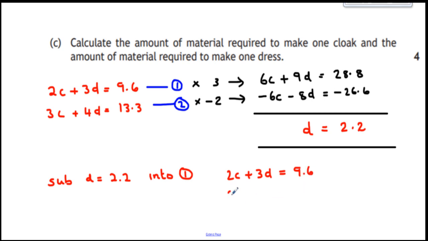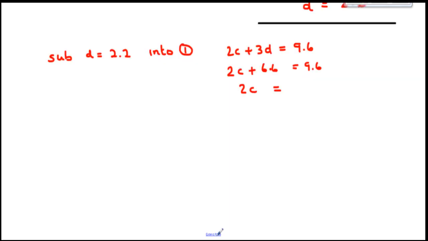Now 2C, I'll write down, 3D is 3 lots of 2.2, which is 6.6, and that is equal to 9.6. Now if I take 6.6 away from both sides, I get 2C is equal to 3.0. So 1C is equal to 3 divided by 2, which is 1.5.